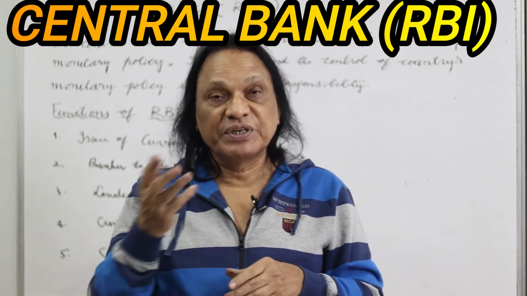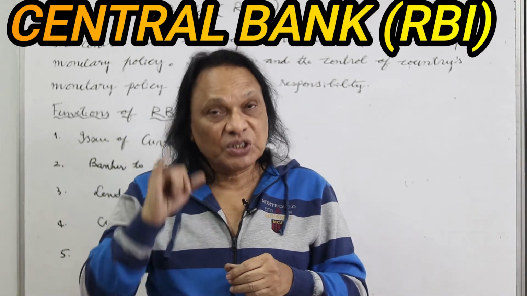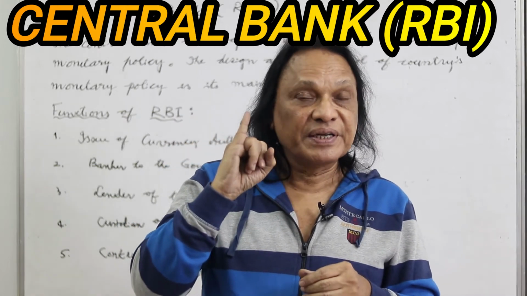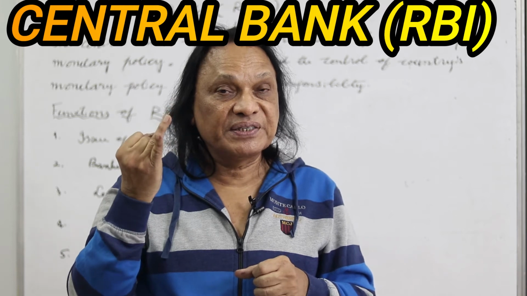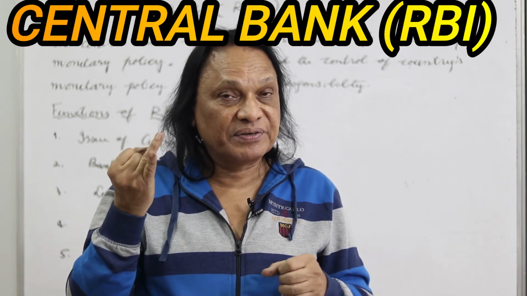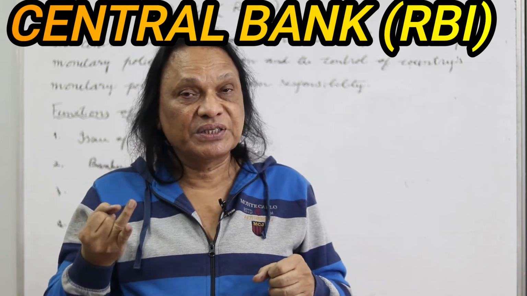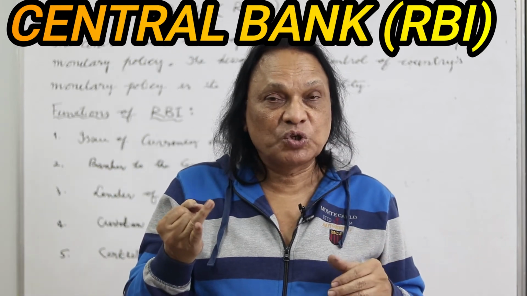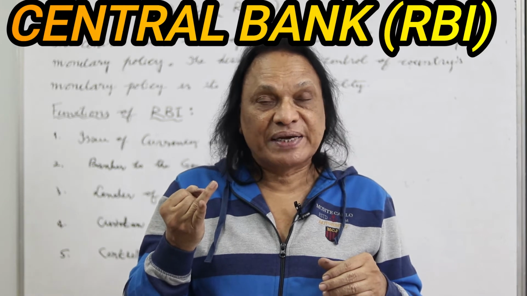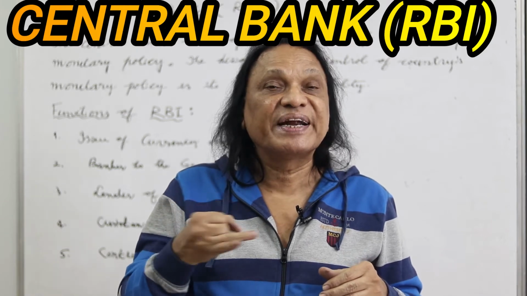I repeat again, we discussed it last time. There is just one central bank in the country. There can be any number of commercial banks. And the second point is, the central bank is the only bank in the country that can issue currency notes. Commercial banks cannot issue currency notes, but they create credit.